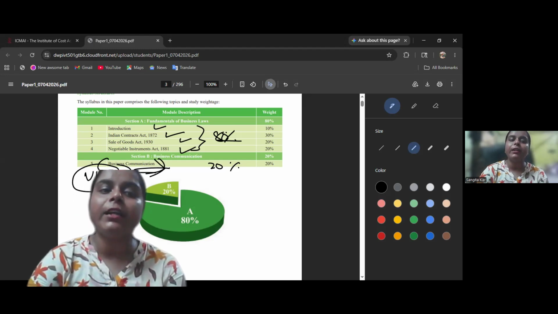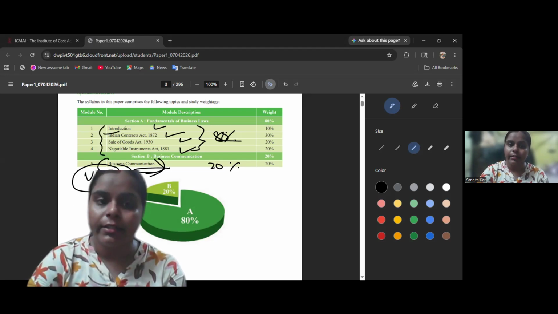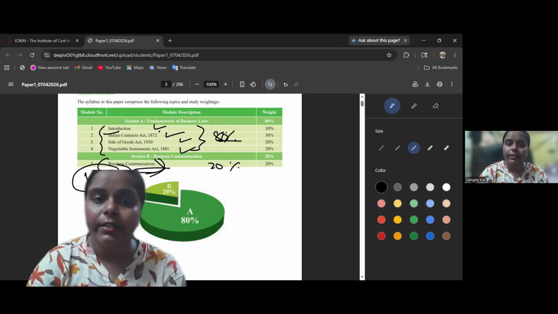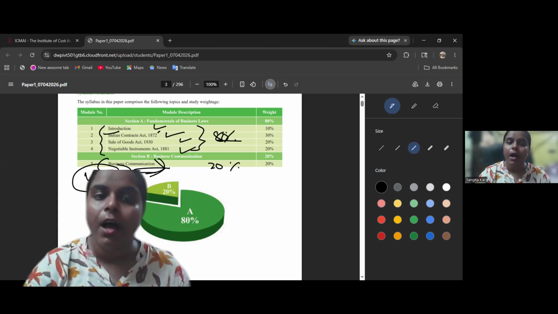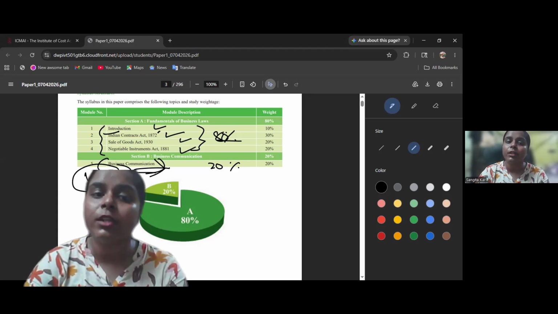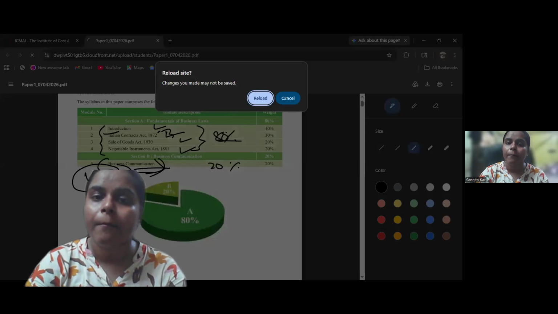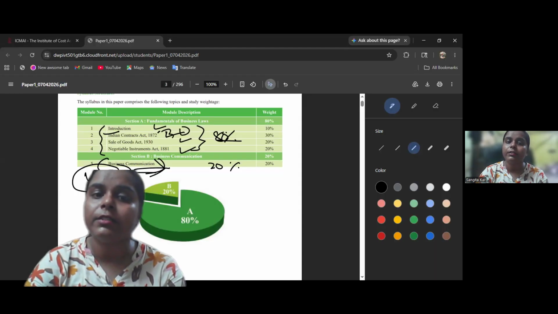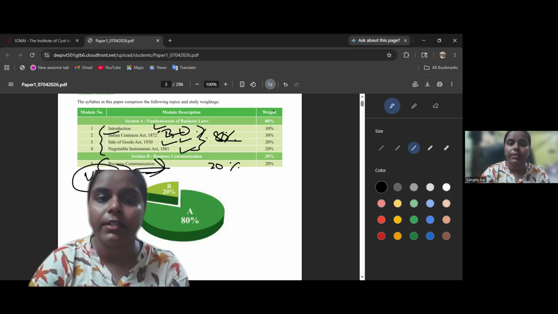Then the Indian Contract Act: half of the questions will come from this chapter, which means 30% weightage. Then Sales of Goods Act is also a very easy chapter.